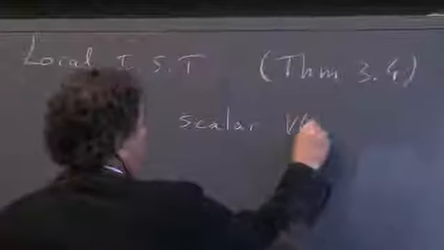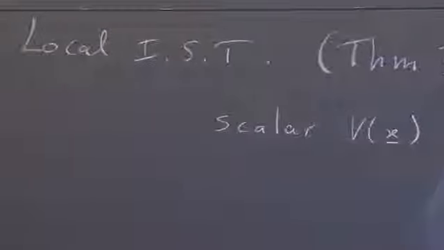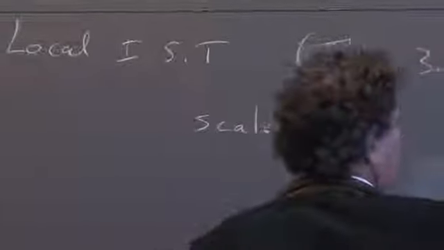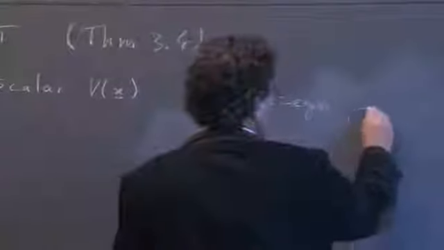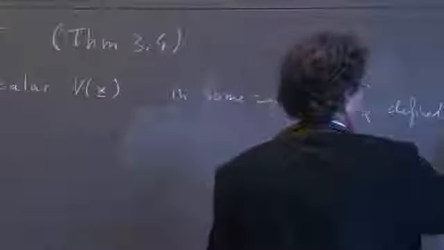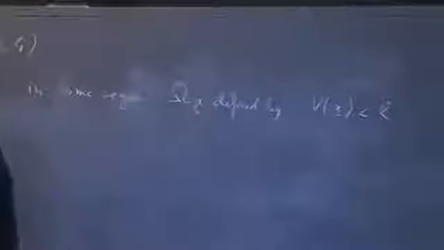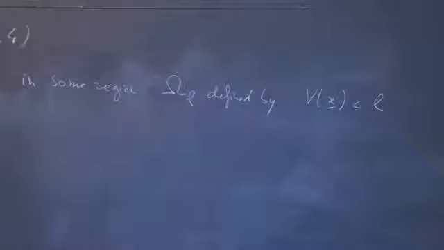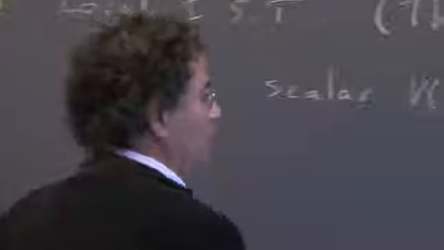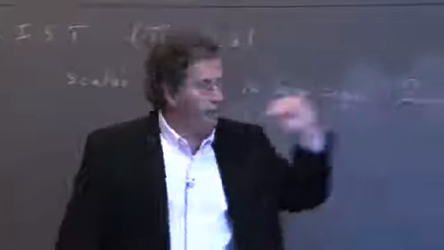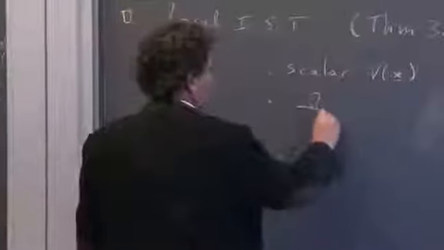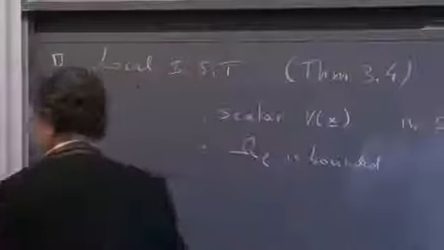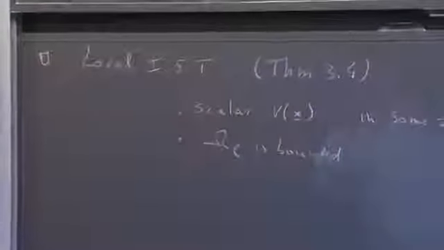Okay, so we start with a scalar function v of x in some region omega L defined by v of x is less than some number L. Okay, so we have a region omega L defined by v of x less than L. The assumption is omega L is bounded. Okay. So that this is a bounded region.